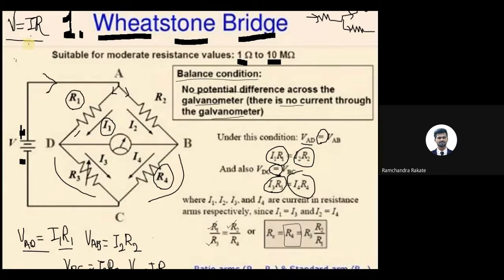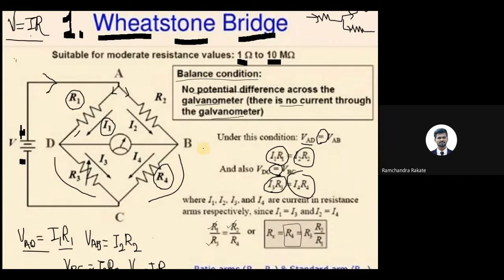Now you know, the current I1 flowing in the A to B branch, the same current is flowing through which branch? I1 is entering here, the same current is flowing through the R3 branch. Is it clear? The current I2 is flowing through the AB branch, the same current is flowing through the R4 branch.